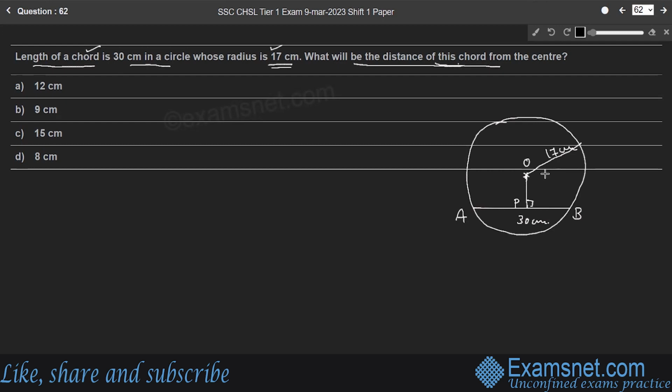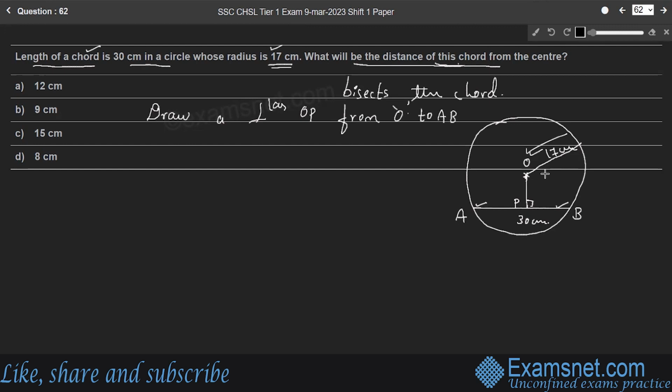When a perpendicular is drawn from the center of a circle to the chord, this perpendicular bisects the chord. Therefore, we can say AP is equal to PB. So draw a perpendicular OP from O, that is the center, to AB.